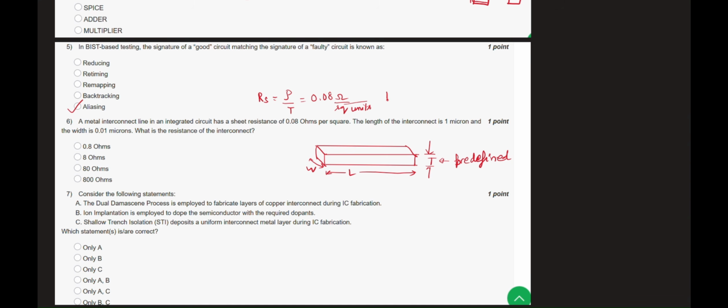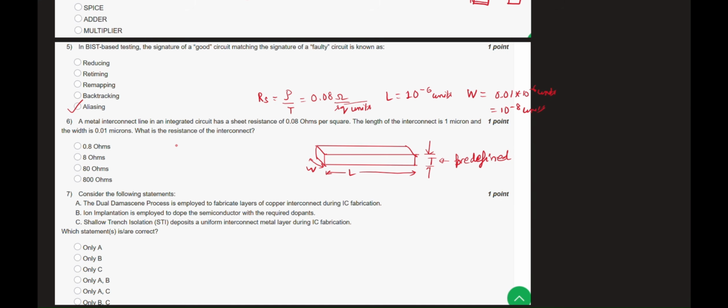And the length of the interconnect L is 1 micron. 1 micron means 10 to the power minus 6 units, length units, whatever it is. And the width is 0.01 micron. So this W is 0.01 into 10 to the power minus 6 units, so you can write it as 10 to the power minus 8 units.